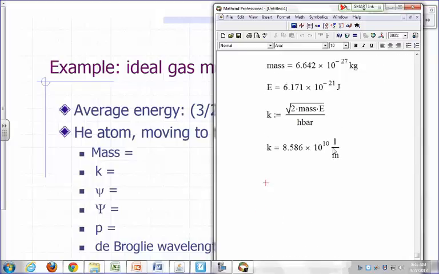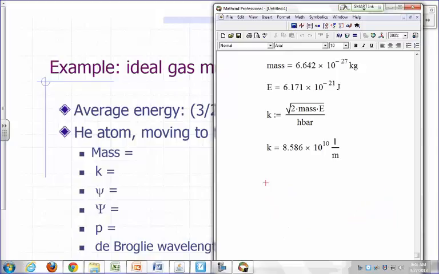So k, does that have the right unit for k? Remember our function was e to the i kx and e to the negative i kx, right? So x and k should have reciprocal units. So if x is in meters, k is per meter, so you're raising e to a unitless quantity, okay?